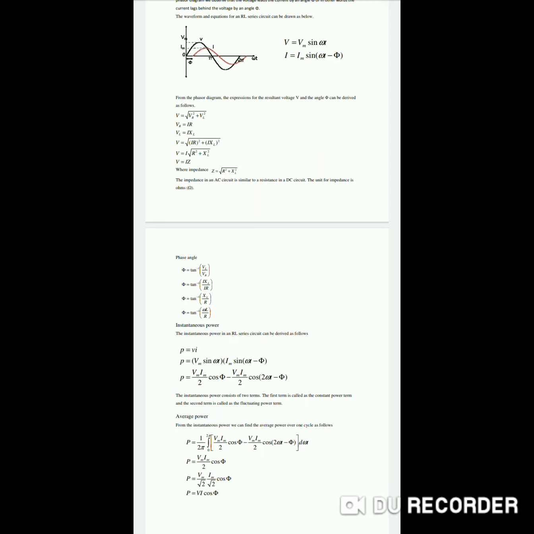So the final expression is phi is equal to tan inverse of omega L divided by R.